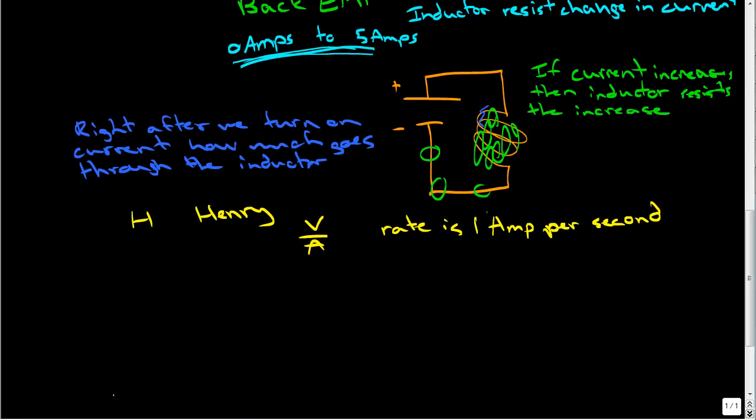Anytime we have a change in current, it will have a change in voltage, and that's our back EMF. And so if it was 1 Henry, and we had 1 amp per second change, then we will have 1 volt of back EMF.